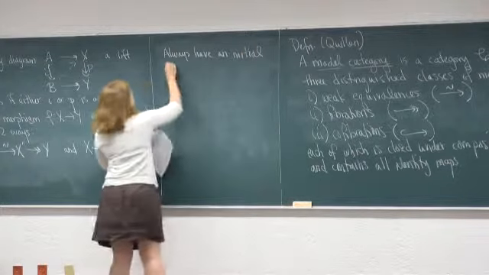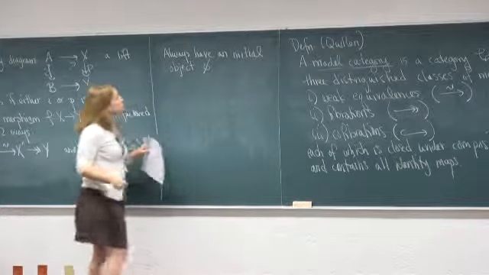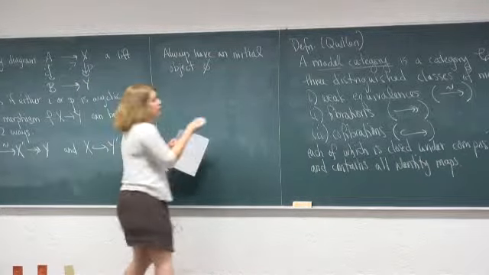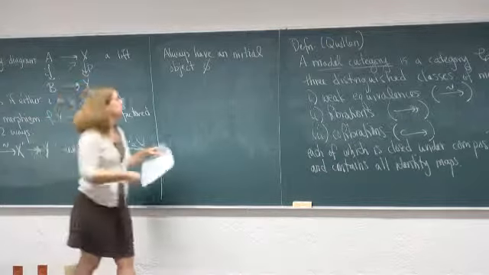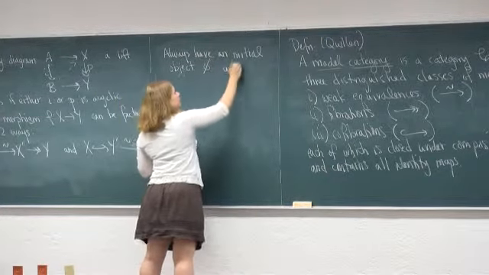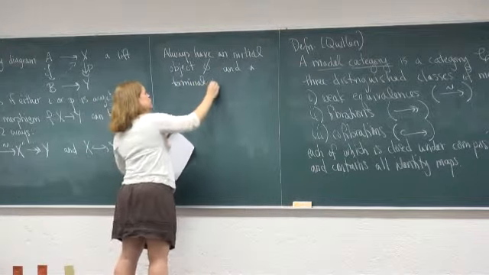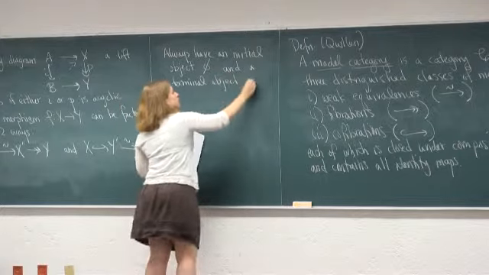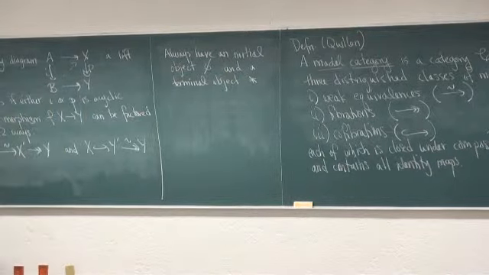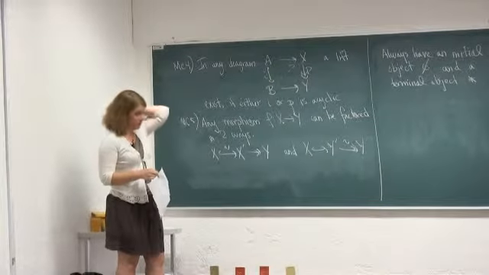Again, we're going to take the notation from topology and denote the initial object by the empty set symbol, even though that may not actually be what the initial object is in general. And a terminal object, which I'll just write as a point. Just stealing the notation from topology doesn't necessarily tell you what these are in a given model category.